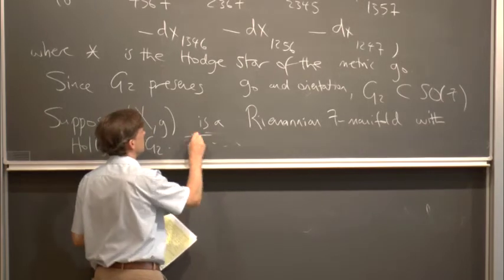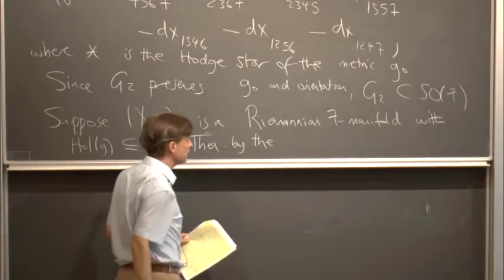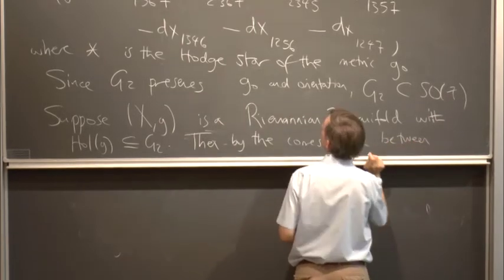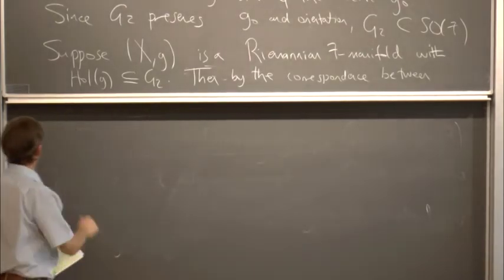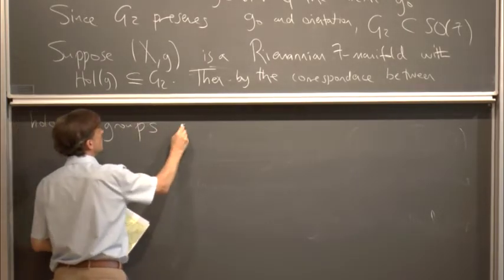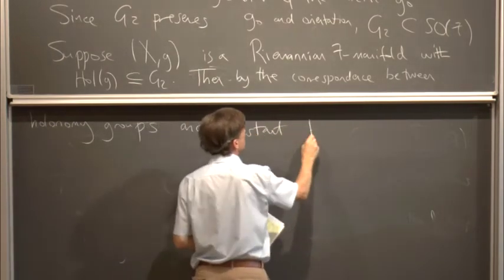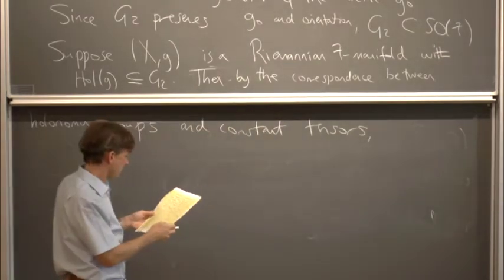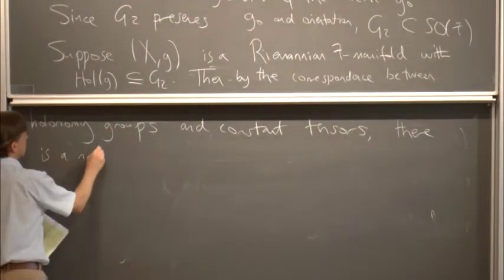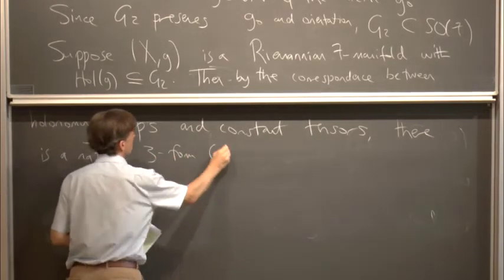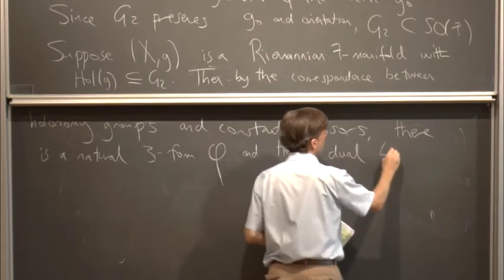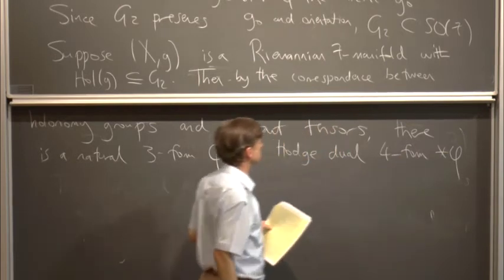So then, by the correspondence between holonomy groups and constant tensors, there is a natural three form phi and a Hodge dual four form star phi on X.